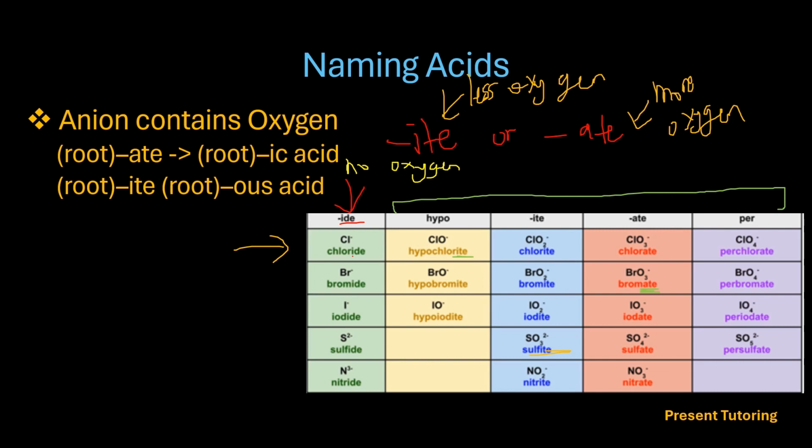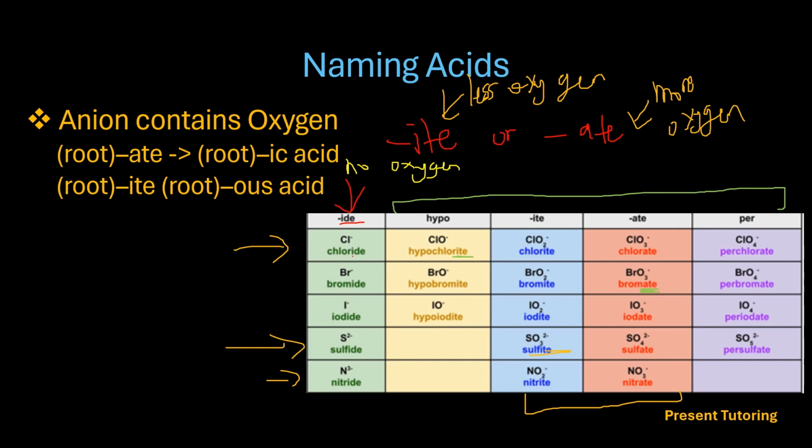Even in the case of the sulfide line, everything is 2 minus all throughout, regardless of the number of oxygens that are present. Even for the iodide line as well, but not the case for nitrogen. Nitrogen gives you N3 minus, but comparing nitrites and nitrates, there are still minus 1 charges for these polyatomic anions.